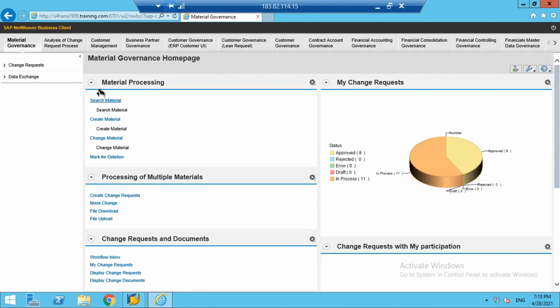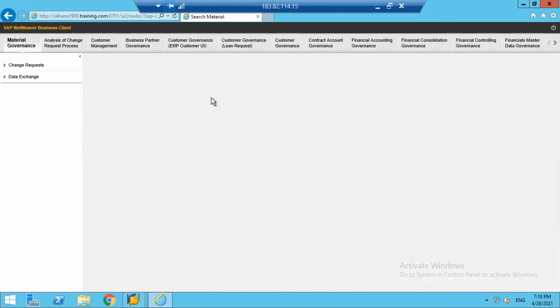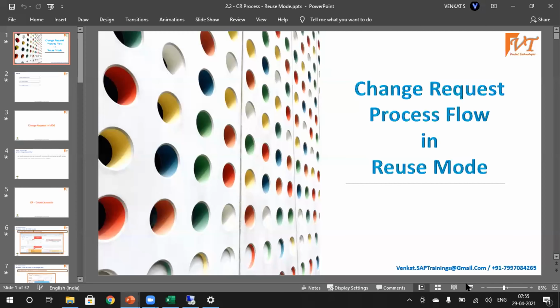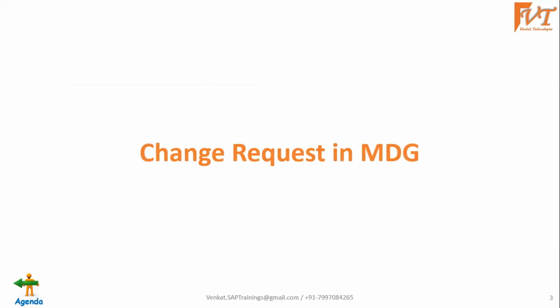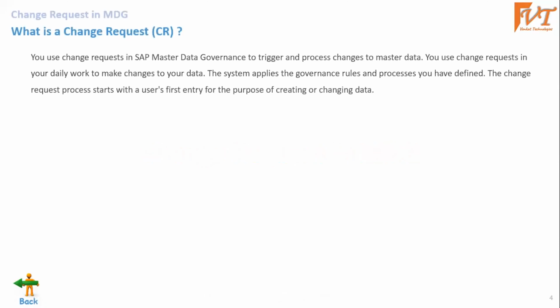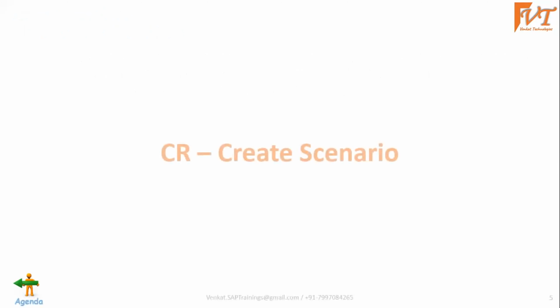Now, let me take you through a simple process. Search material. Since there is some issue with the server, I would like to show you how master data can be governed in SAP MDG.